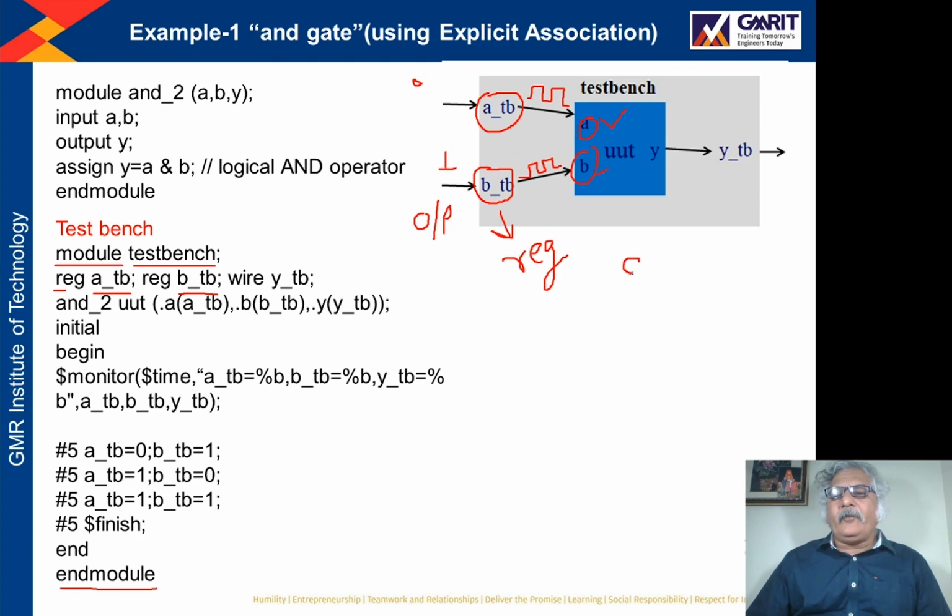The assignment of value will be done in this way: A_tb is equal to, suppose, 0. So 0 will be assigned to this, or if you write 1, then 1 will be assigned to this. Since these A_tb and B_tb are on the left hand side of this symbol, we have to declare these as reg. Because I will use these statements inside the initial block, and the initial block is a procedural statement. So whatever we write inside an initial block or always block, the left hand side expression must be of reg type.